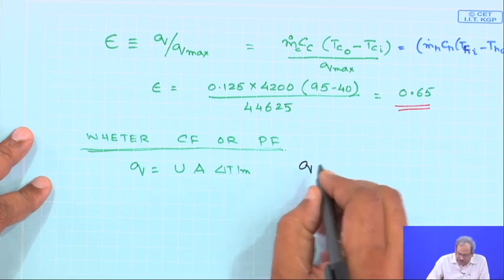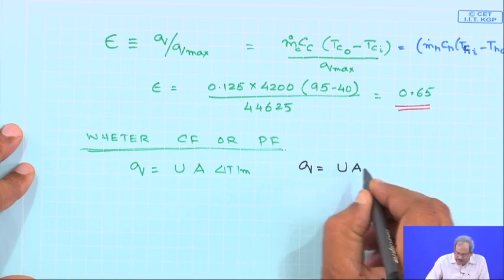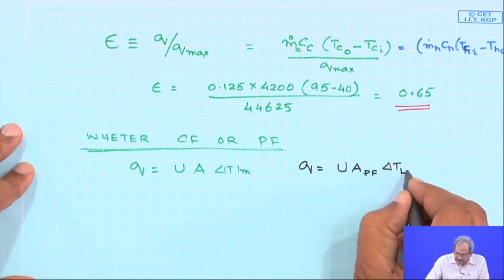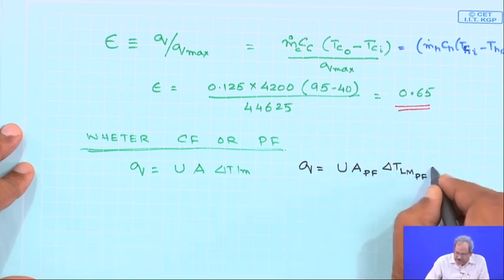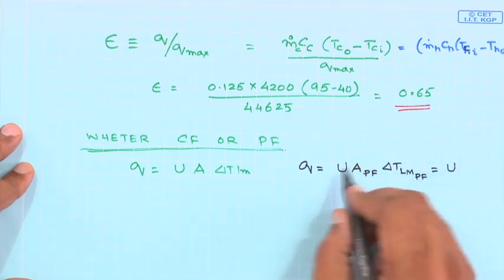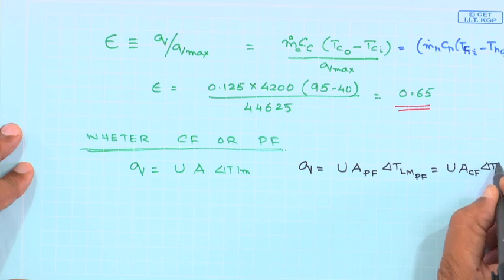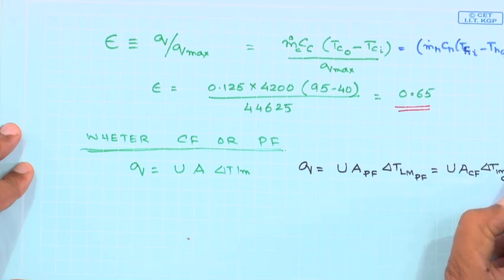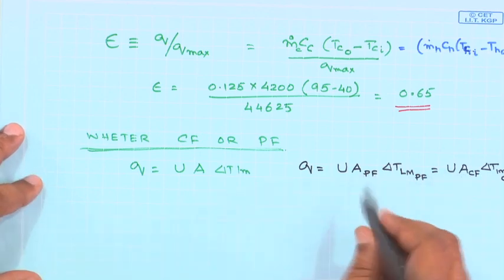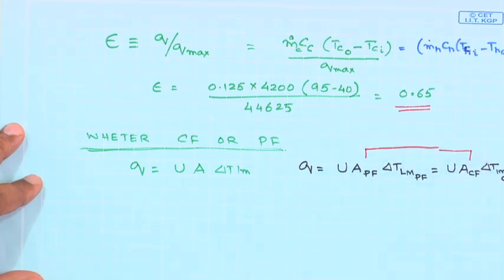So, therefore, Q should be equal to U times area for the case of parallel flow times delta T L M for the case of parallel flow, and this, because of heat balance, must be equal to U, which remains unchanged whether you have parallel flow or counter flow, times the area required in counter flow times delta T log mean based on counter flow. So, this is the relation which we are going to use, and I need to see which one of these two is going to be the smaller one.